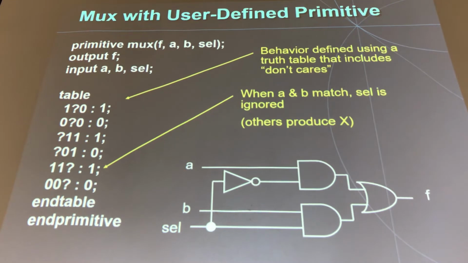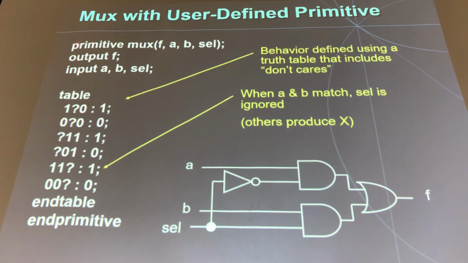That is very convenient for you. So we describe the primitive, which is called a user-defined primitive. It's not a library primitive, not an AND gate or OR gate. After you describe it like this, you can use it and treat it as a typical primitive in the library.